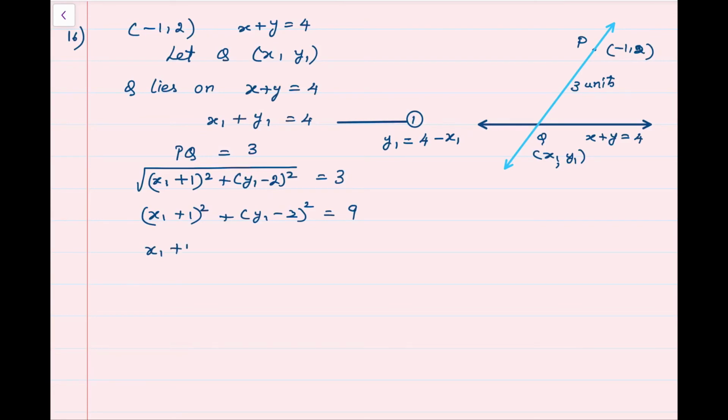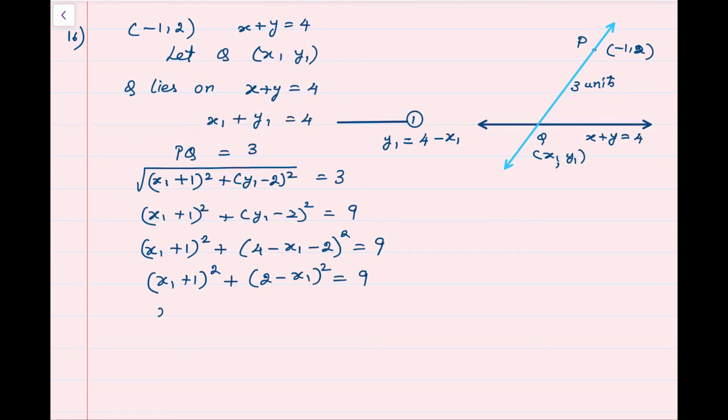We get (x1 + 1) the whole square plus (4 - x1 - 2) the whole square is 9. And this becomes (2 - x1) the whole square.